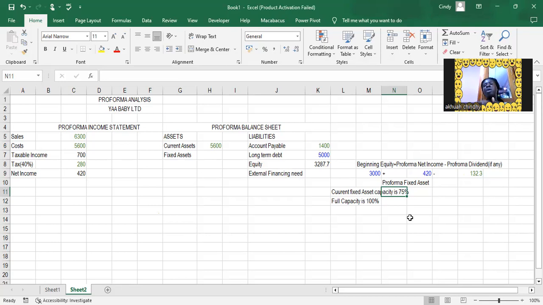In order to know that, let's say if our full capacity sales was supposed to be 10, but we are using only 5% of it, our answer will be our current sales, right?